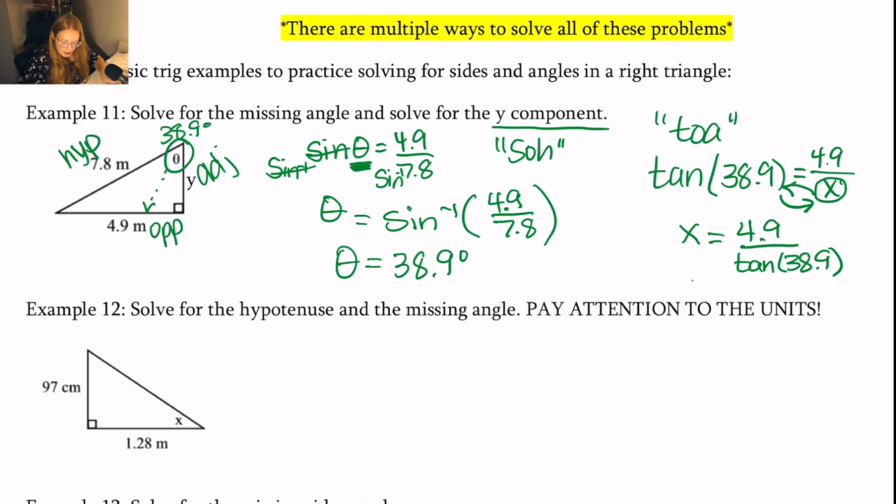Okay, so let me type that in my calculator. I'm going to do 4.9 divided by tan of 38.9. I get 6.07 meters. So no matter what you did, if you use cosine function, if you use Pythagorean theorem, you should get about 6 for that adjacent side.